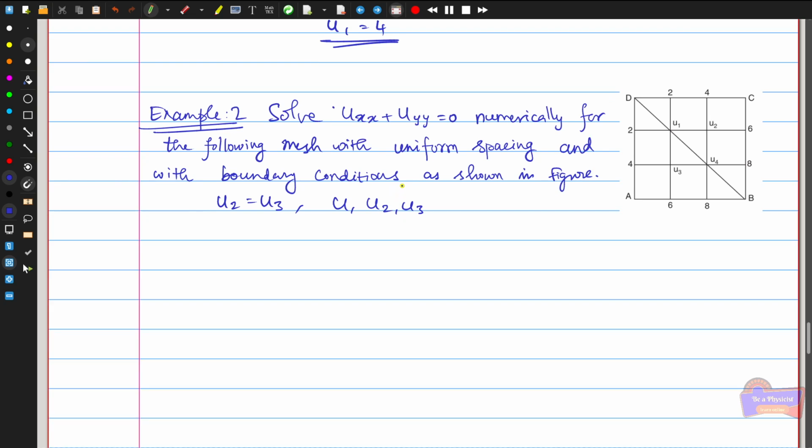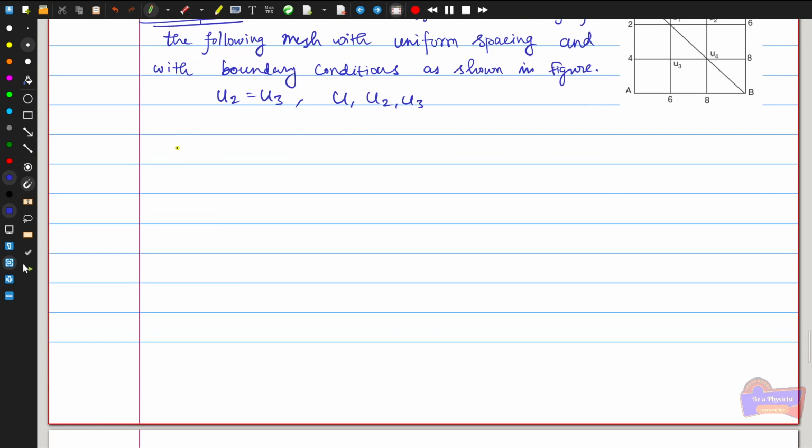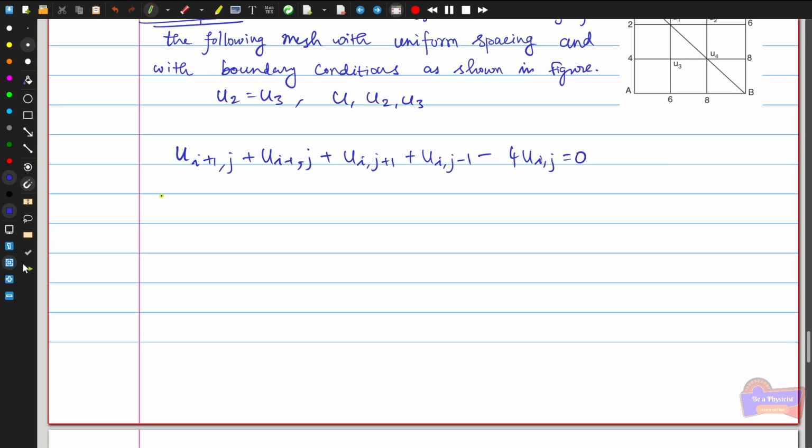Again I am going to use the same 5-point formula: u of (i plus 1, j) plus u of (i minus 1, j) plus u of (i, j plus 1) plus u of (i, j minus 1) minus 4 times u of (i, j) is equal to 0, and I am going to find it at point 1.